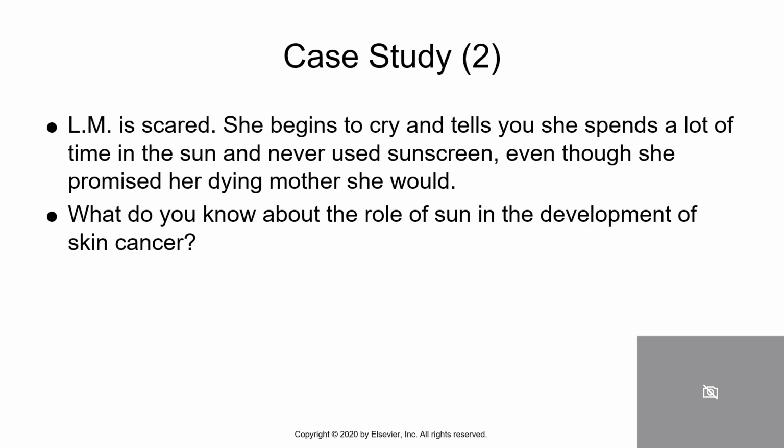Hopefully you wrote down that you know that UV radiation is a carcinogen. It's a known carcinogen. And carcinogens can be chemical, they can be radiation or viral, as we talked about. But we know that UV radiation, especially, has been long associated with melanoma or the malignant skin cancer, as well as other types of skin cancers.